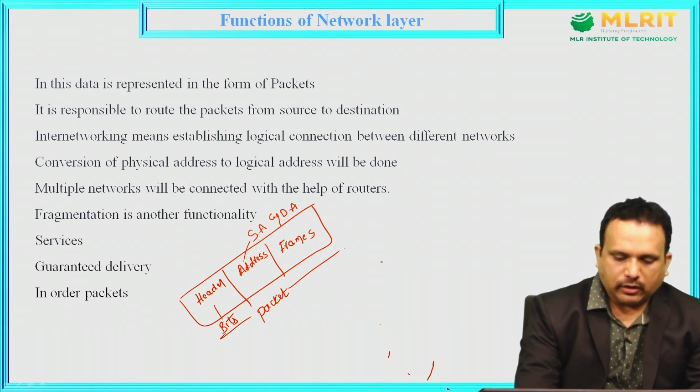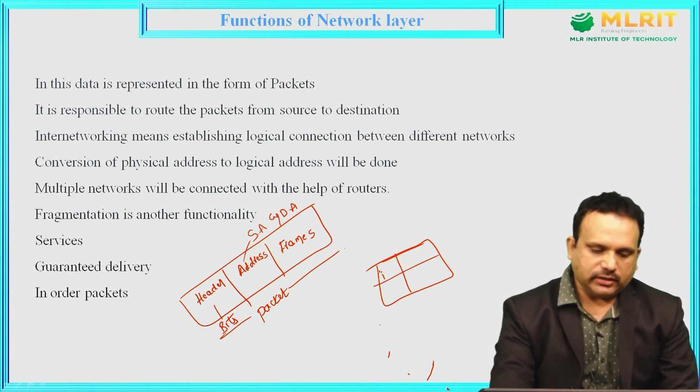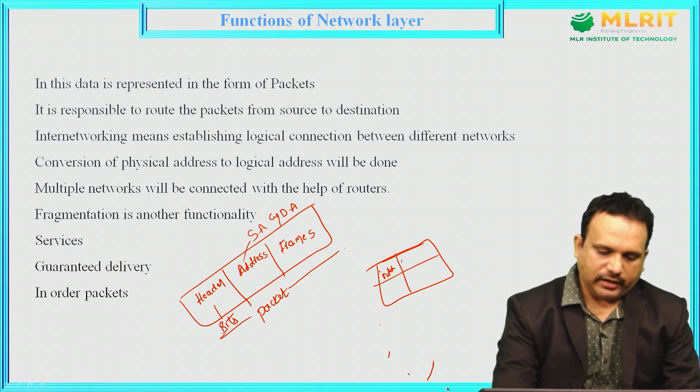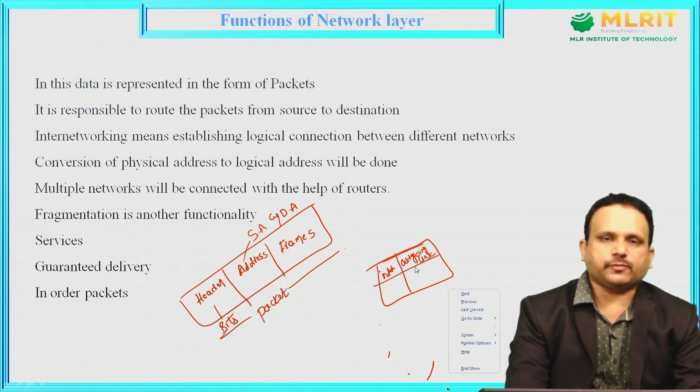Each and every router is responsible to maintain a routing table. It contains the index and the outgoing link. The outgoing link means to where you are supposed to transmit that particular data.